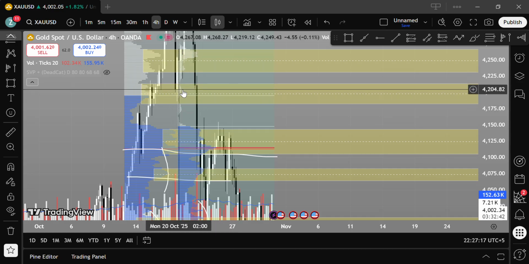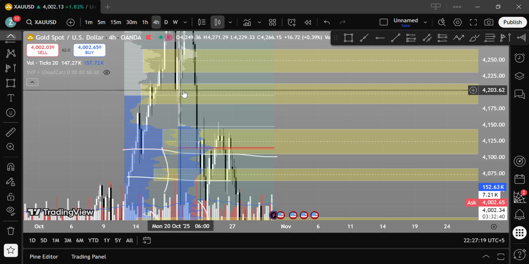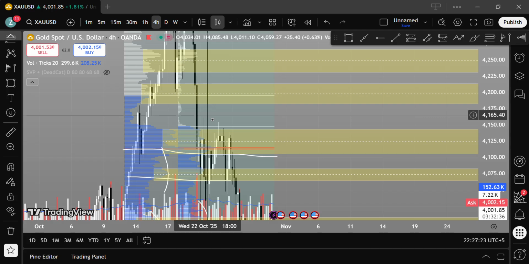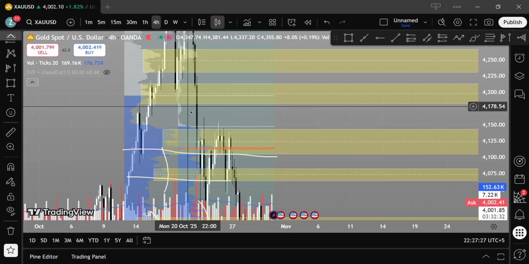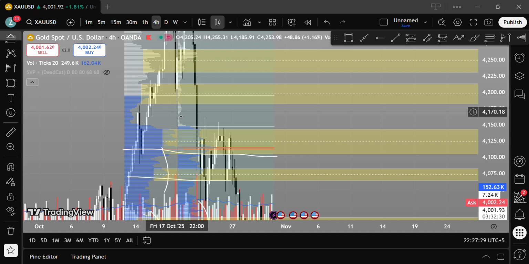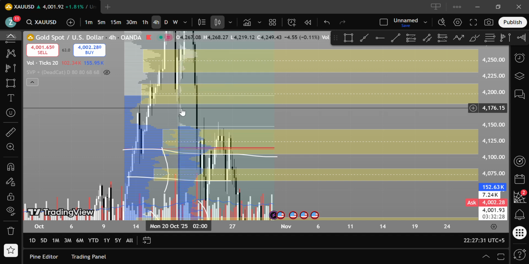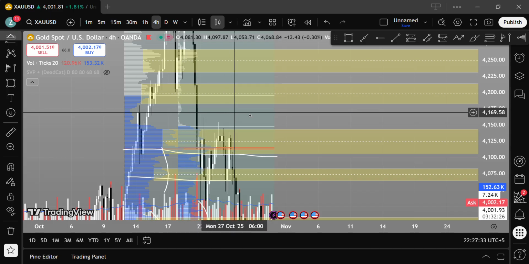There is also this volume bump, if we count this it can be counted, and here this is a low volume node, but from the 20th of October we can see a little bit of volume bump.